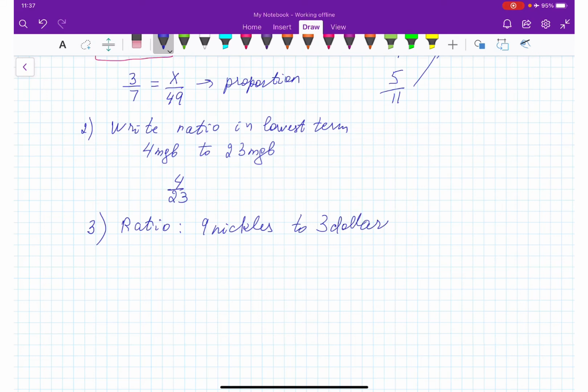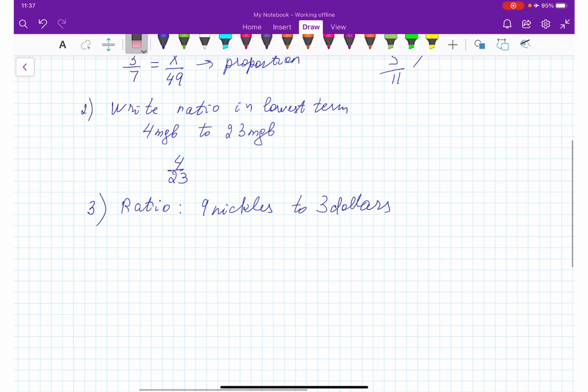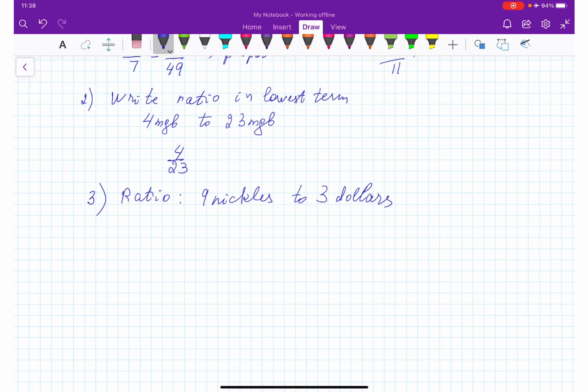Okay, so we can't write down 9 over 3 because one is nickels, one is dollars. So we need to either convert into dollars or we convert into nickels. So I'm going to convert dollars into nickels. So we have here 9, but underneath we have to calculate.